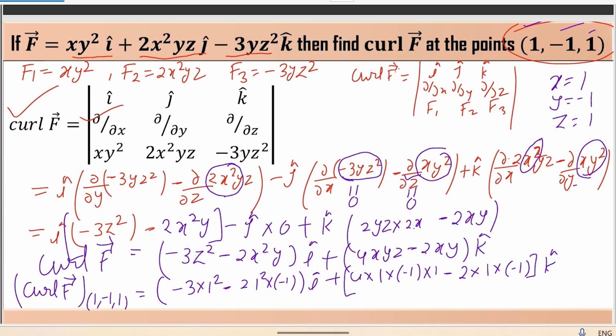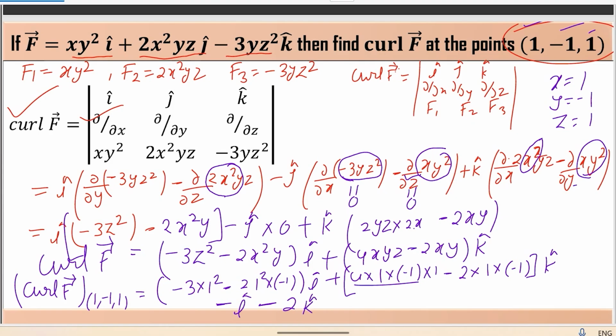So, this value is minus 3 and plus 2, that is minus of 1 into i cap. So, here we can directly write minus of i cap, and again this is minus 4 and plus 2, that means minus of 2 k cap.